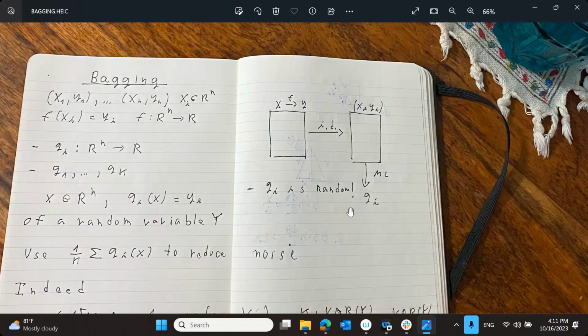So it's fundamental to machine learning. Every time I apply the machine learning algorithm on a different data set, I get a different candidate. But intuitively, you would expect that the candidates will be very similar, very nearly the same. You don't want them to be very different. Is that point clear?